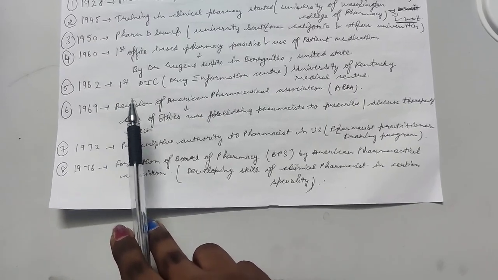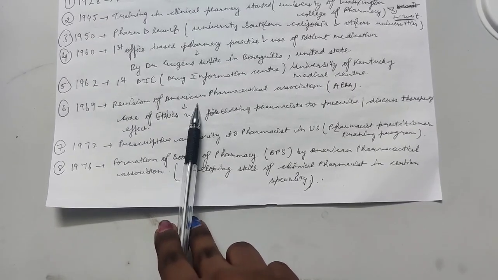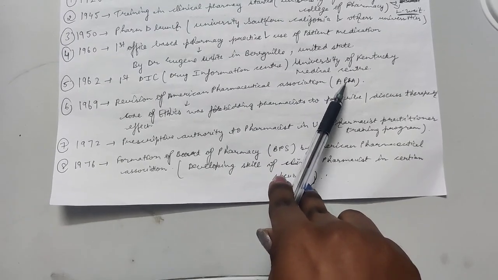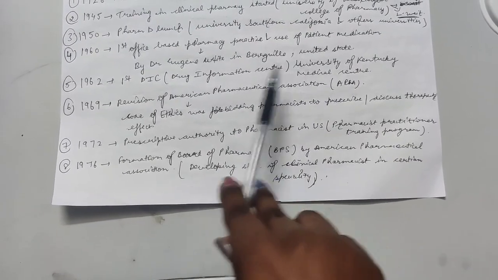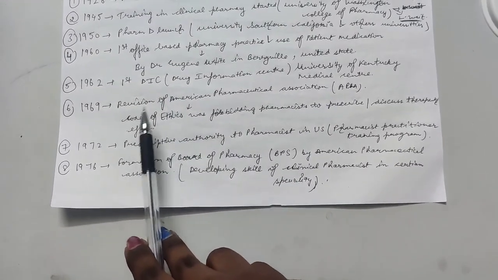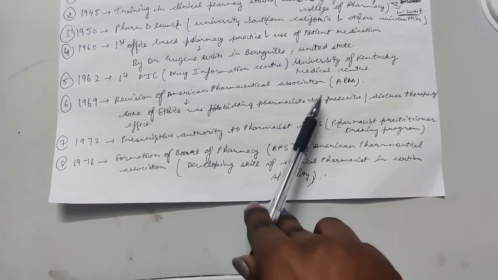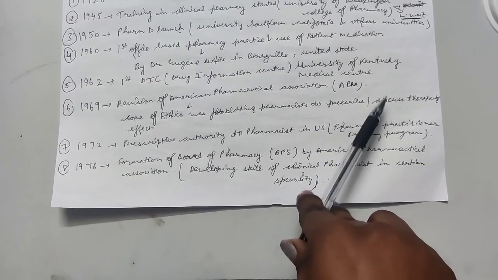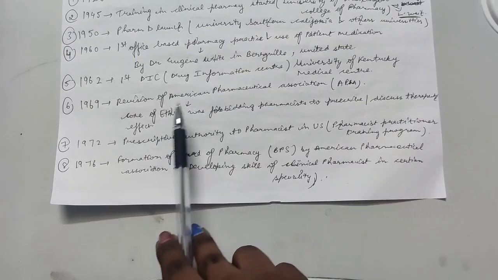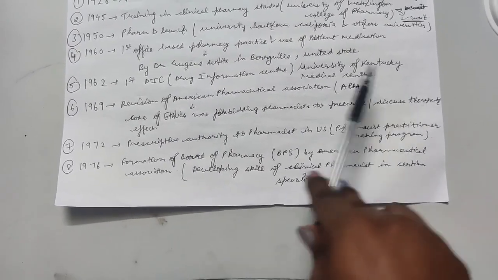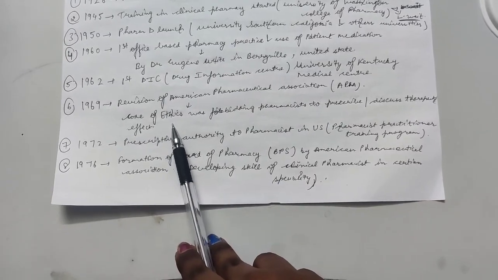In 1969, there was a revision of the American Pharmaceutical Association, that is APhA. The revision of the Code of Ethics had been forbidding pharmacists to prescribe and discuss the therapeutic effects of drugs; how to prescribe the drugs and their therapeutic effects were discussed in it.